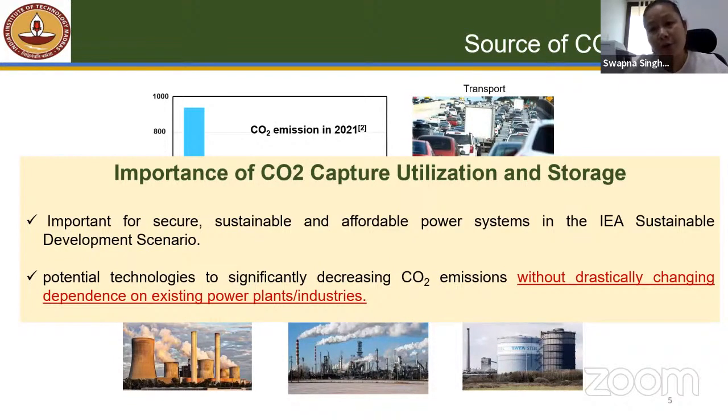we can retrofit the existing power industry to reduce the CO2 emission without drastically changing the dependency on the existing power plant.